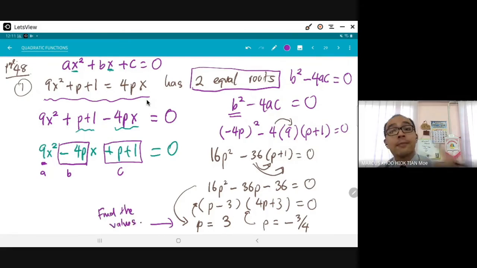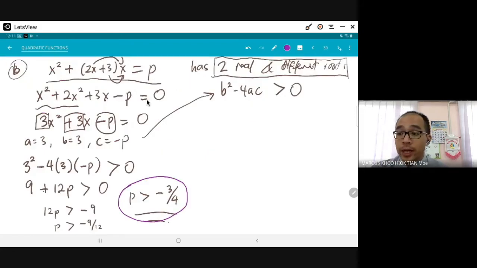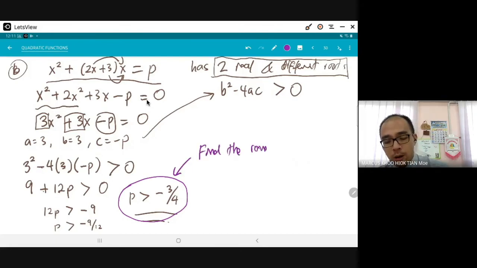Okay, sebab dia adalah sama dengan. Tetapi, kalau jawapan akhir kamu adalah dalam bentuk inequality macam ni, okay, ketaksamaan, yang ada lebih, yang ada kurang, okay, ini adalah contoh jawapan bagi find the range of values.